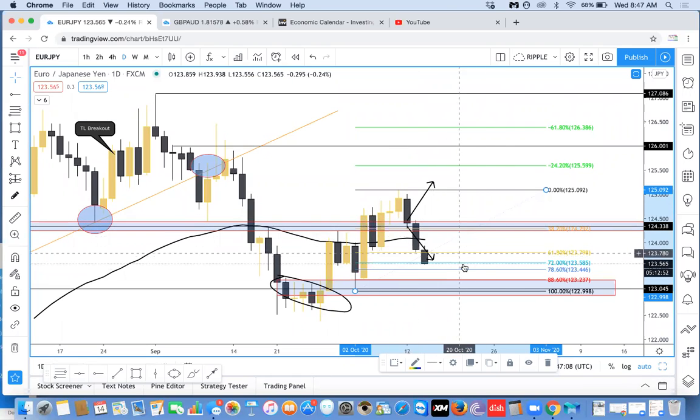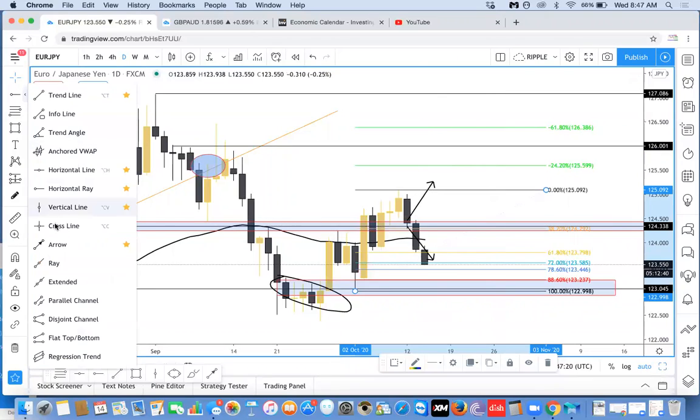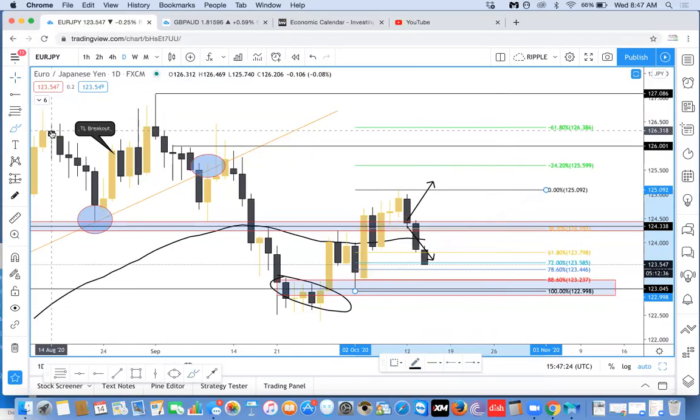Because if we break back above 124.5, then more than likely the market is coming up to 125, if not the negative 24, which would be 100 pips from 124.5. So that's why I'm saying you think you might be late on the trade, but not really. Once you start to understand that and train your mind into thinking that, then you'll be good because you don't have to chase trades. For example, if this holds and it closes with more of a wick, and let's say the body closes around the 61.8.